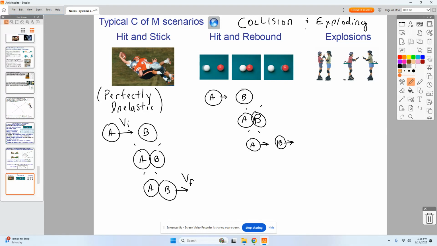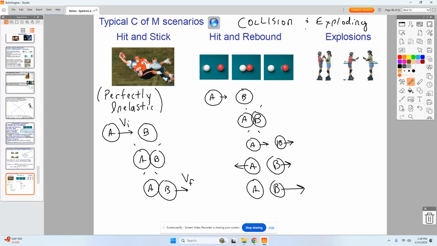Sometimes we have them move in the opposite direction. And sometimes what happens is A might stop and B goes off. But in all cases, they hit, they bounce off each other and they move with their own separate velocities afterwards. Go ahead.